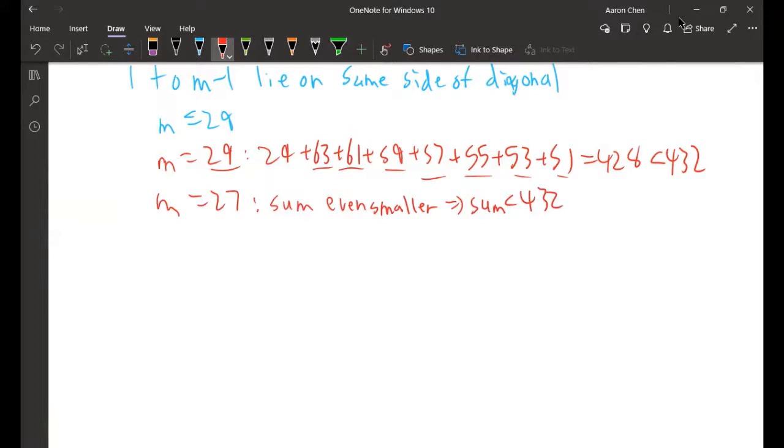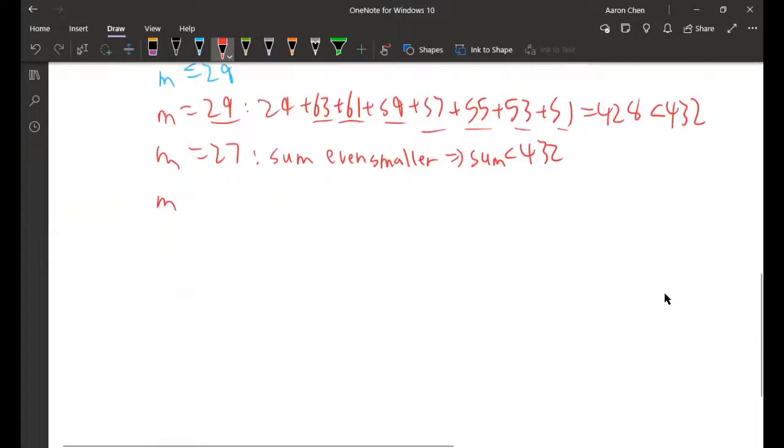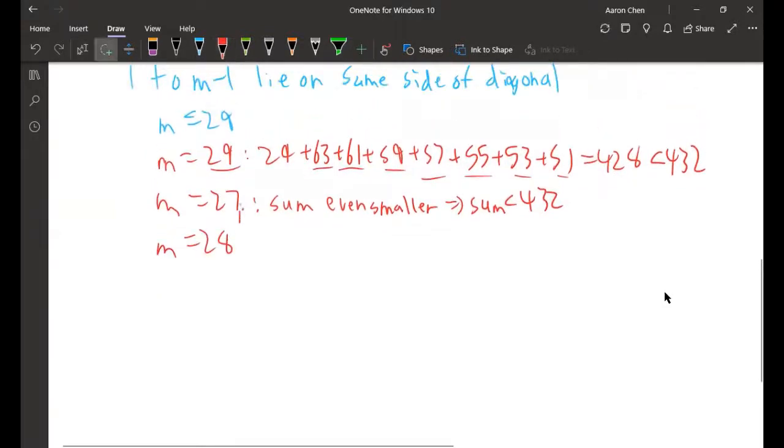So now up here, this case is just the optimal case when m is equal to 26. So now all we really need to do is let m equal 28 and show that there is some contradiction.